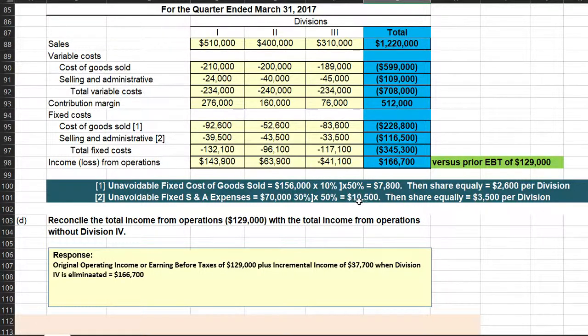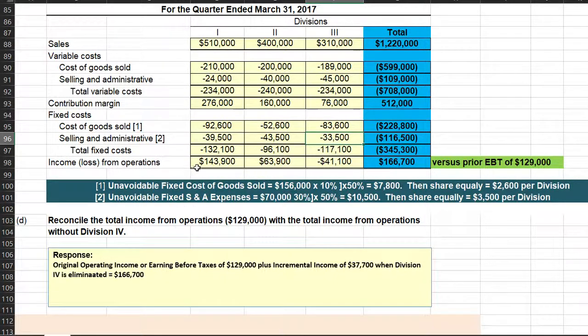And so we have a total of 10,500 that we're going to share among the 3 divisions. And therefore, each division will have 3,500 of the total 10,500 that will be added to their fixed selling and administrative expenses. So this includes an additional 3,500, so does this, as well as the 33,500.